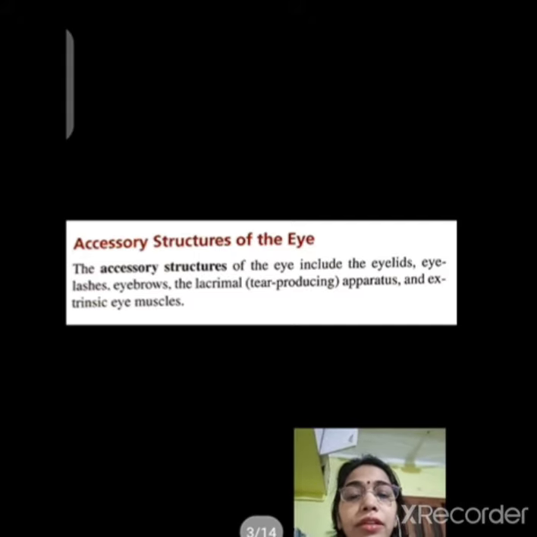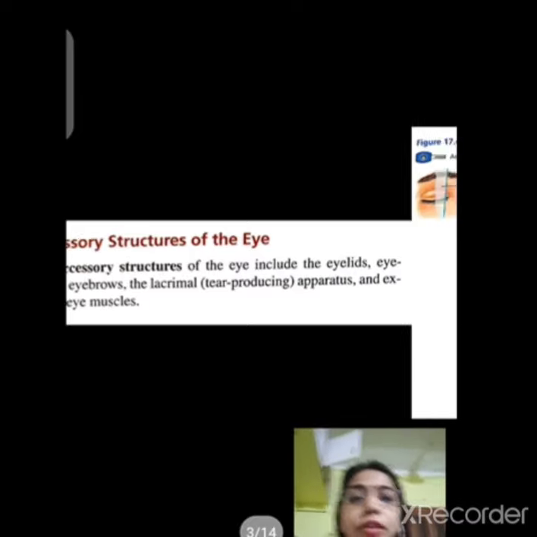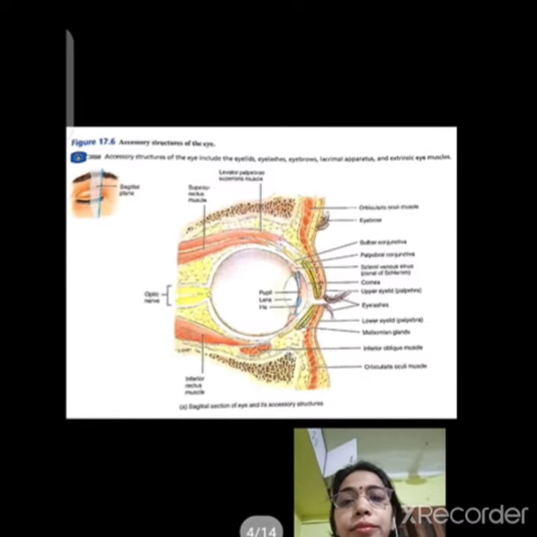Basically, these are the accessory eye structures.